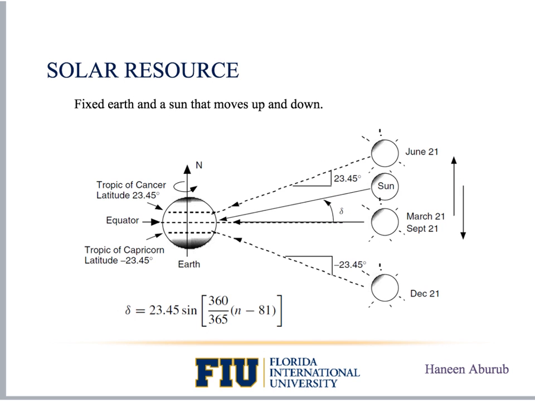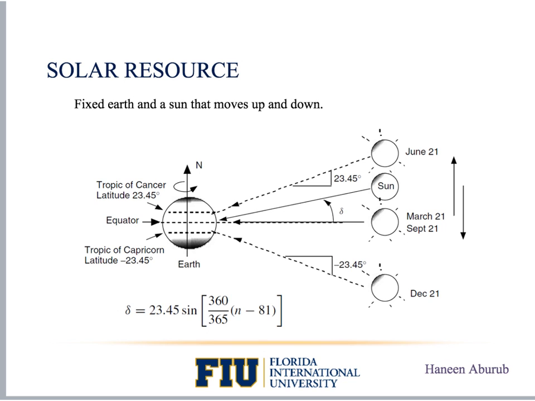Now, predicting exactly where the sun will be in the sky at any time, at any location, on any day of the year helps in designing an overhang, for example, to allow the sun to come through a window to help heat a house in the winter while blocking the sun in the summer. Also, it helps in picking the best tilt angle for solar PV modules to expose them to the greatest insolation.